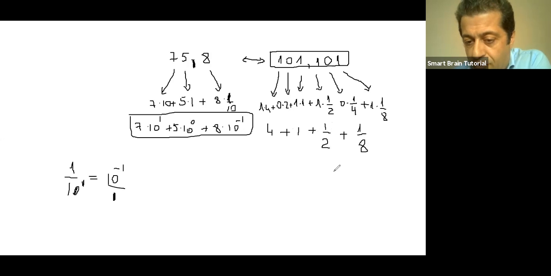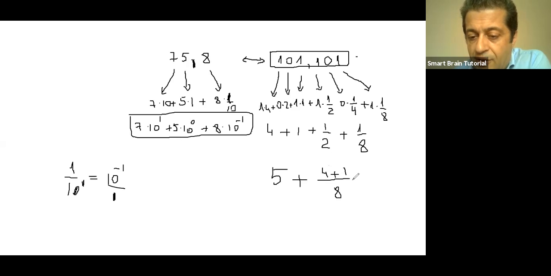Therefore, the corresponding base 10 number is 5 plus, we can find the common denominator here, that is 8. So the number 2 is multiplied by 4 to get 8. So we have 1 times 4, it is 4, plus 1. And the result is 5 plus 5 over 8.